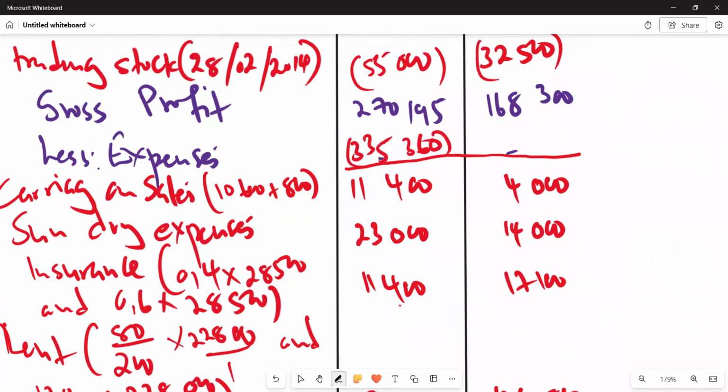Second column, the restaurant, you add all the expenses, they go to 371,938.